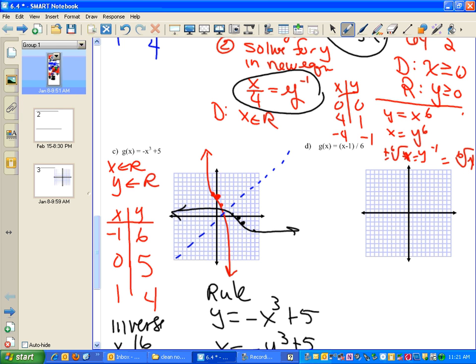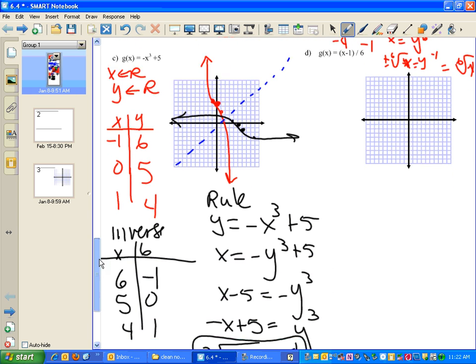Now, as long as you've got all the work, if you're a little funny on your graph, that's okay. However, make sure that exponents go up and down and roots go left and right. If you have your roots going up and down and your exponents going left and right, I will count that wrong.